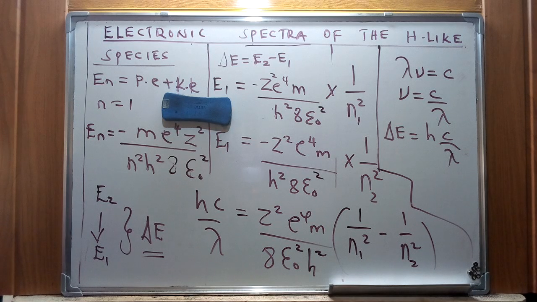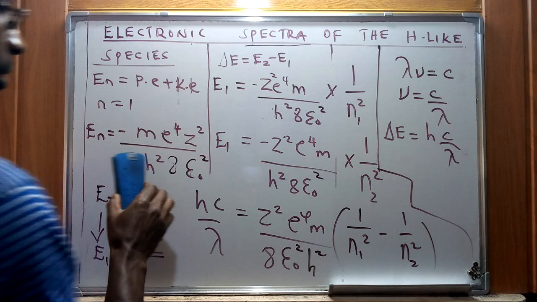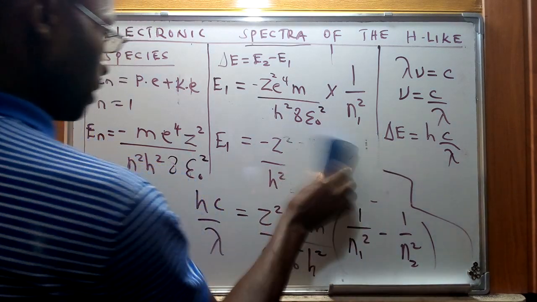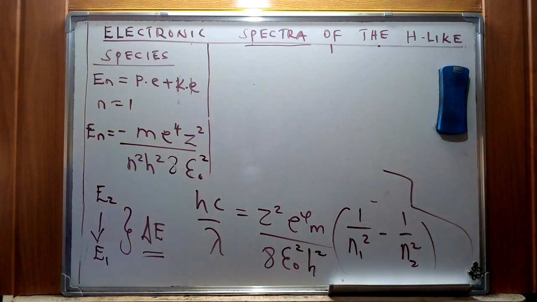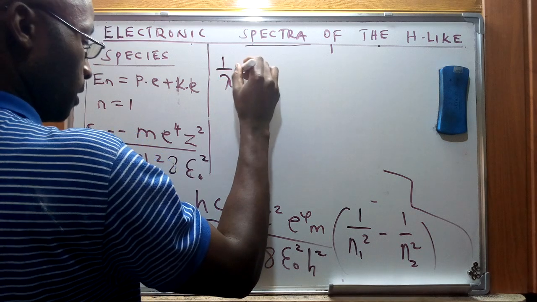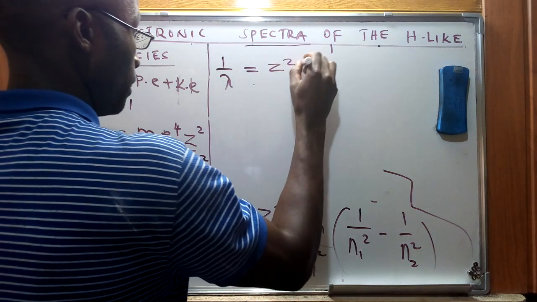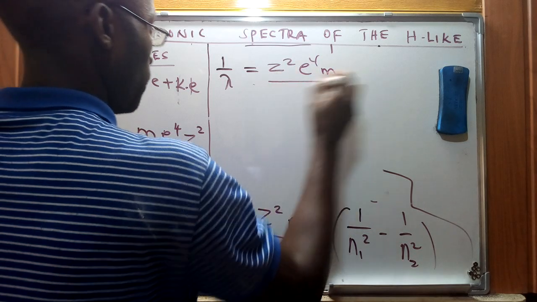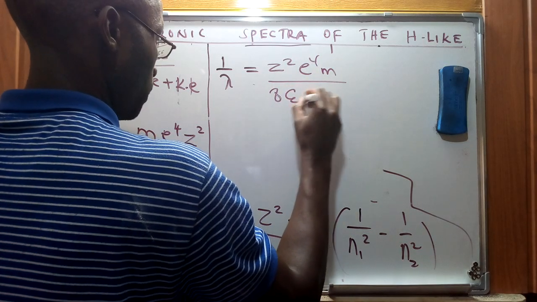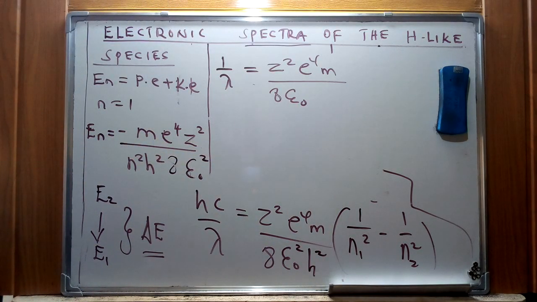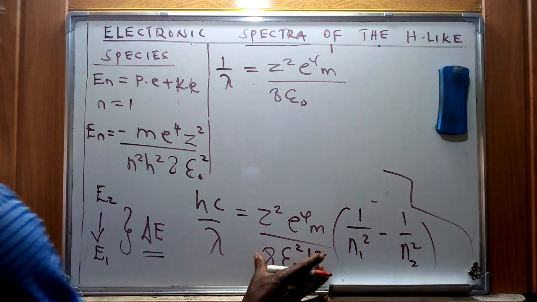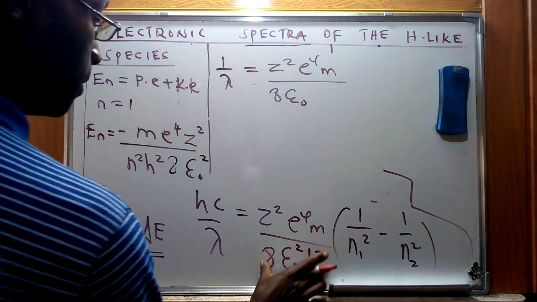So in this case, if I make this particular reciprocal the subject, then from that formula I'm going to have the reciprocal of this wavelength given as Z squared e^4 m all over 8 epsilon squared, and then this is of course going to change the value of h, but for our case we have the value of h and c in the lower part, which is the denominator of this section of the equation.